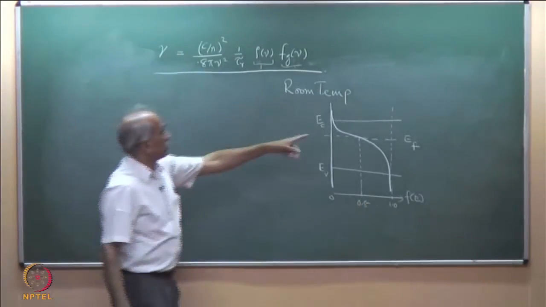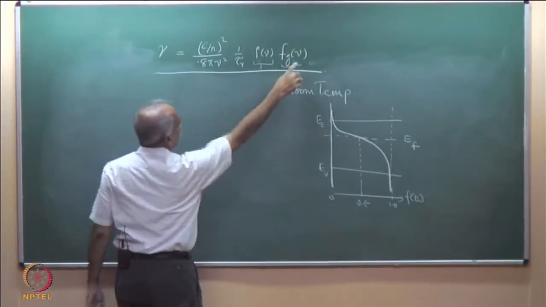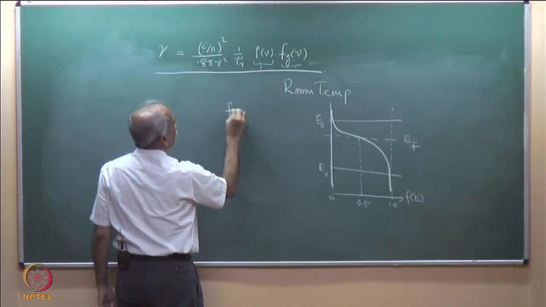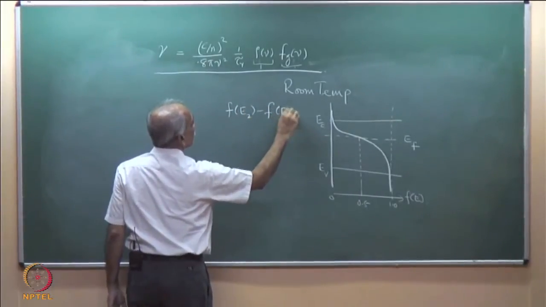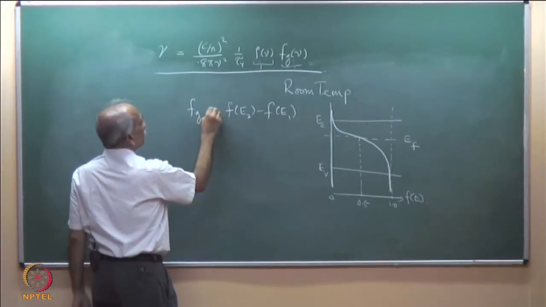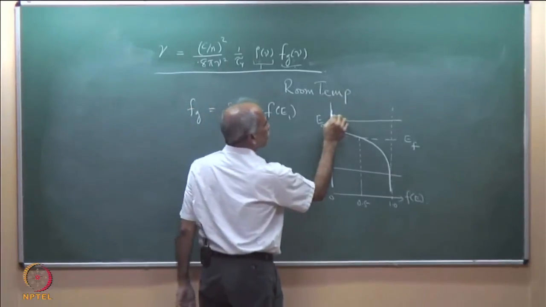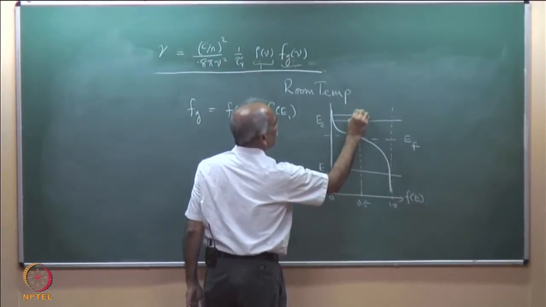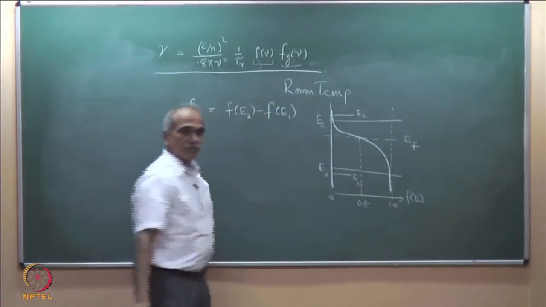Okay, and therefore Fg of nu, or Fg of E, is equal to f of E2 minus f of E1. E2 is any energy value here, so this is E2 and E1 is some value here in the valence band.